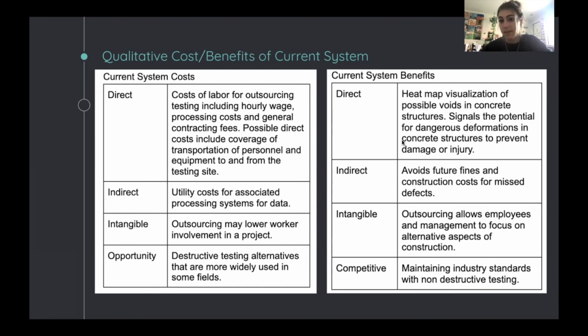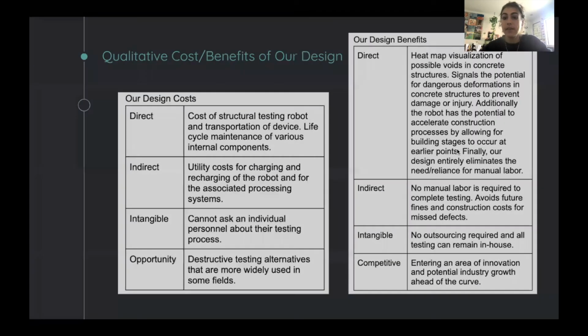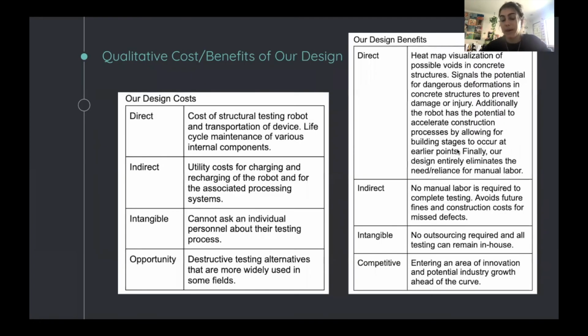But the benefits of the system are that it does provide a heat map visualization of the possible voids in the concrete structure and signals the potential danger of deformations in the concrete. Essentially, our system has the same, if not more, direct benefits from the impulse response testing, but additionally, it avoids a lot of the high daily costs.